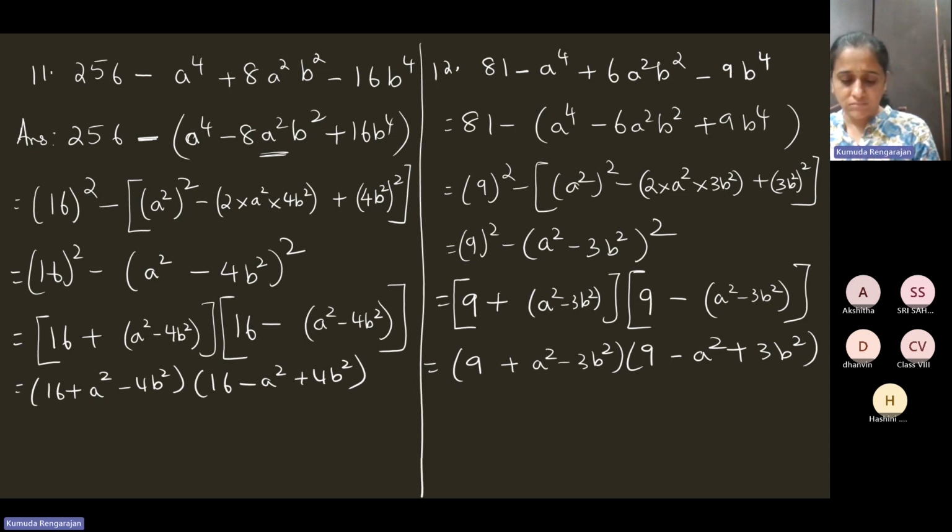The A square minus B square. Number 13: X plus Y minus X plus Y. Tell me the next question now. What's the next expression?